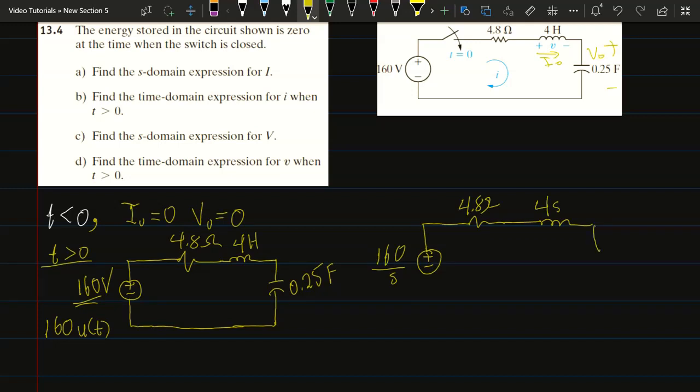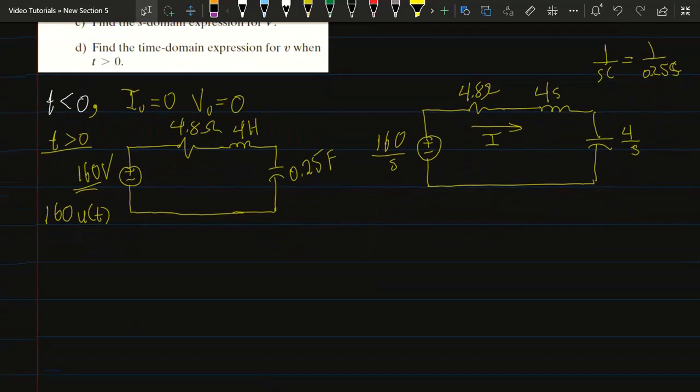And for the capacitor, it should be 1 over SC, but C is equal to 0.25, so 1 over SC is equal to 1 over 0.25 S, and this is equal to 4 over S.